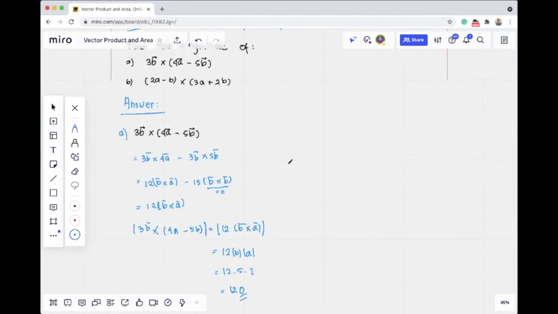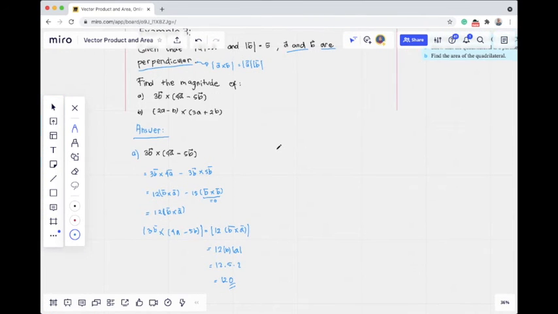Okay, go to the second question, b. 2a minus b vector cross 3a plus 2b.